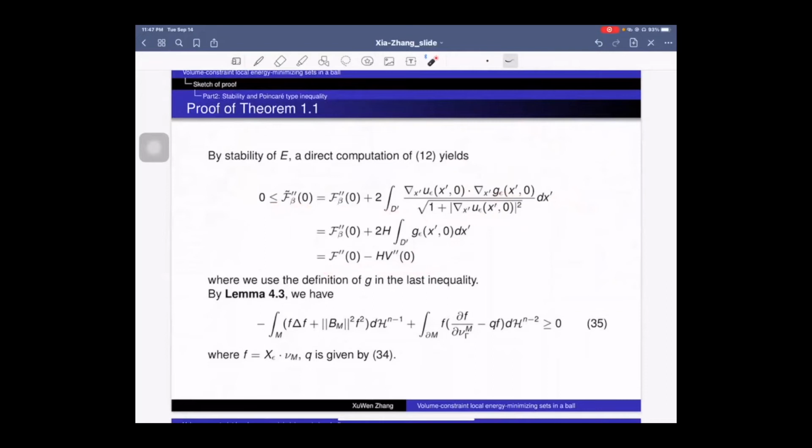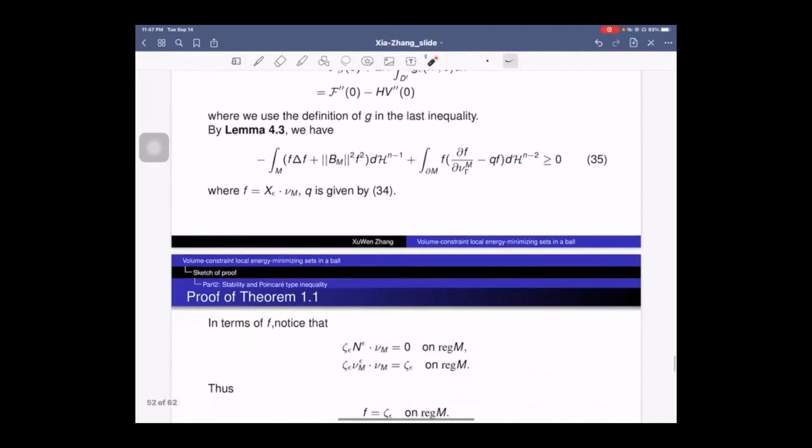And then we can use the second variation formula we just talked about to see that this inequality holds. Here M is this inner product. Then we can let epsilon go to 0 to see that the Poincaré type inequality holds.